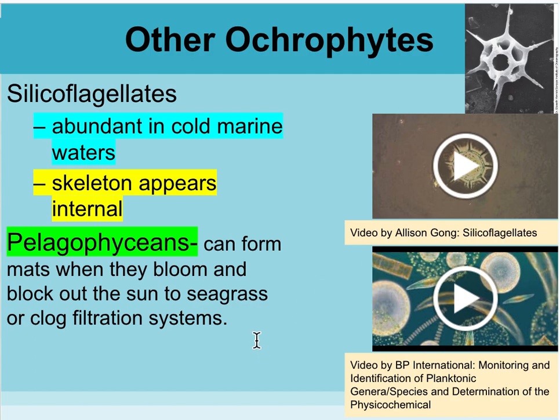There's also the pelagophytes that can form these mats in the ocean, and they are also ochrophytes. By forming these mats, they can actually block out the sun and stop certain organisms from photosynthesizing, or they can get sucked up like a goo in filtration systems and cause problems.